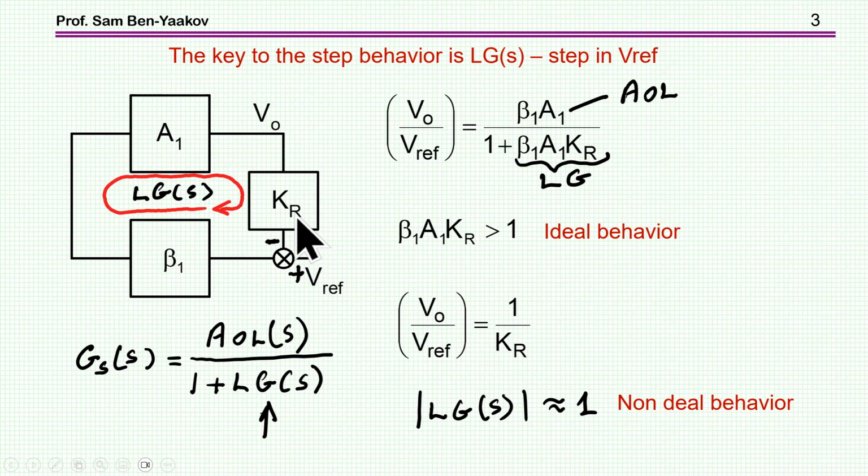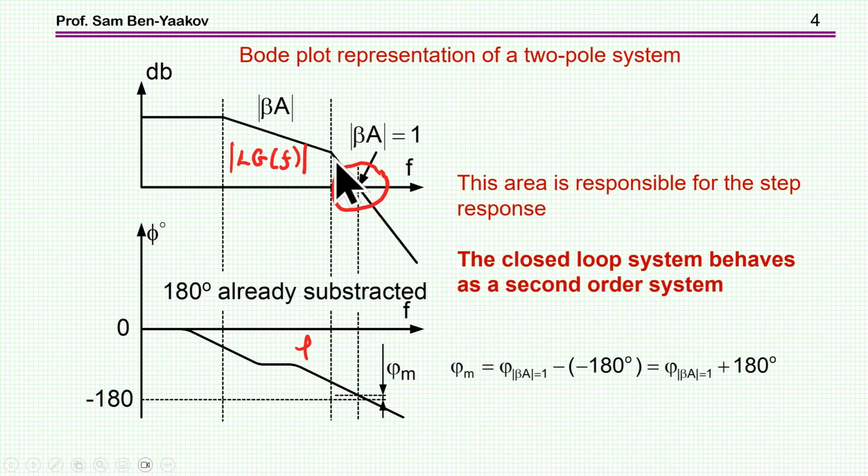However, what happens if the loop gain is not much larger than 1? So we are at this point, this is now the loop gain in the Bode plot, and here is the crossover, this is the 0 dB, and here we have the phase margin. The phase margin is actually the measure of how close we are to 180 degrees, which means positive feedback, in fact. And we know that the phase margin affects the response of the closed loop.